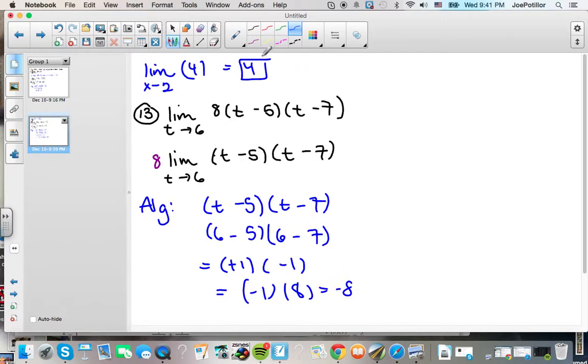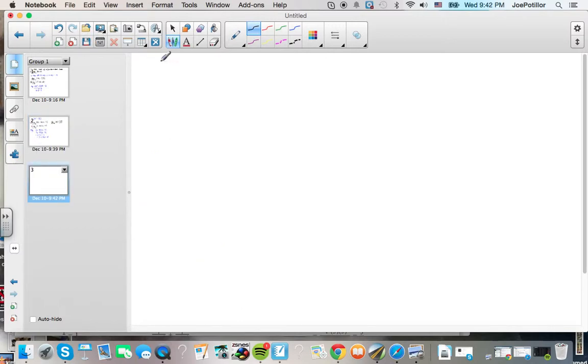So the limit as t approaches 6 of negative 8 is negative 8. We could have expanded the polynomial, but that's pointless work. So let's not do that. Okay, last one for this group. And then I'll do 15 through the others in the other video.